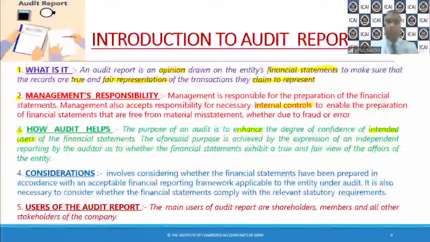The management prepares the financial statements before giving them to the intended users, who will have to take decisions based upon the results of those financial statements. They need to be checked by an auditor. An auditor checks it, attests it, and then the users can feel assured that yes, they are true and fair.